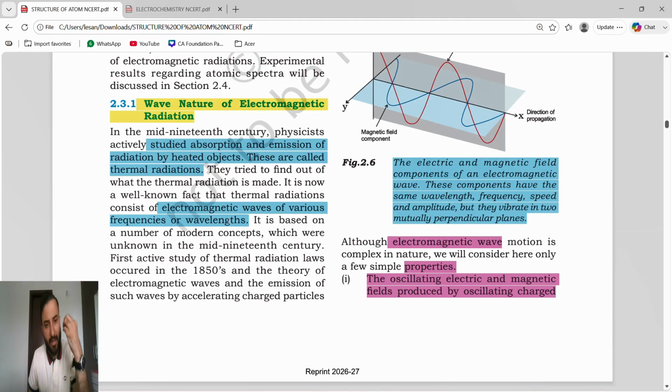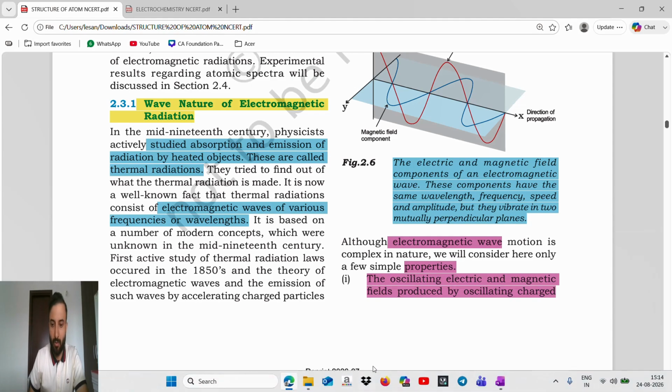Guys, we know that every wave has a different frequency and different wavelength. Correct? Different waves are there, like the waves which come from an oven, the waves which come from your refrigerator. So every wave has a different frequency and wavelength.